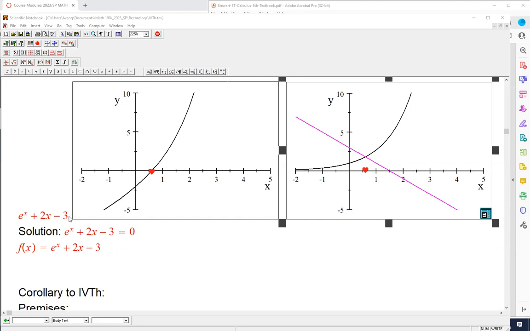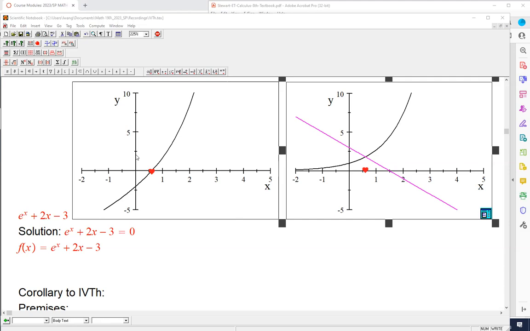Okay, so this is the graphical interpretation of it. So creating this function, we did some algebra, adding 2x, subtract 3, but it does have some real impact. We have transformed the question from finding the intersection between two curves into finding the x-intercept of one curve.